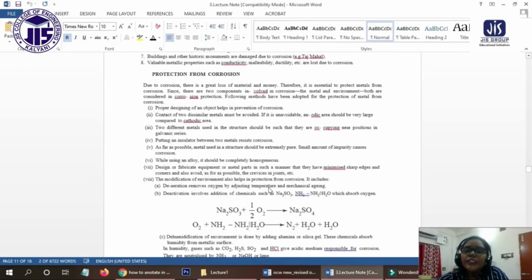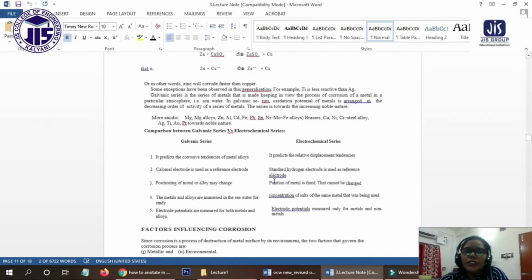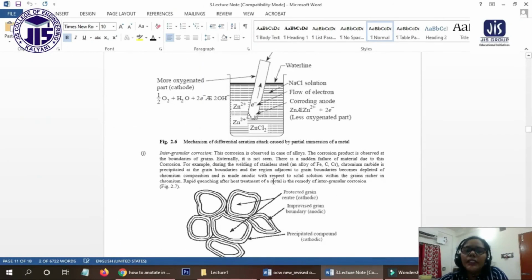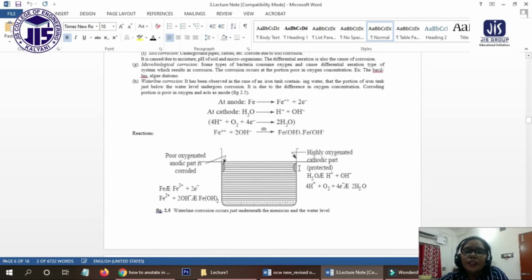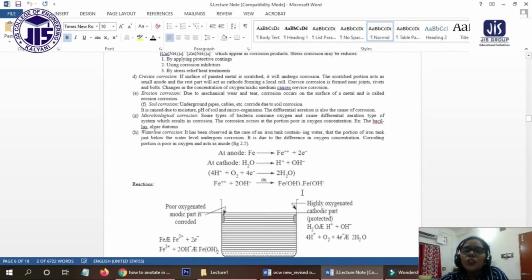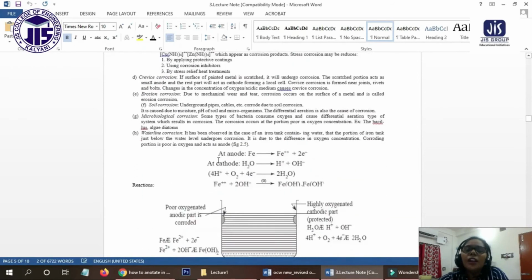Next we discussed some types of corrosion: concentration cell corrosion, water line corrosion, and pitting corrosion. So these three we have discussed so far.